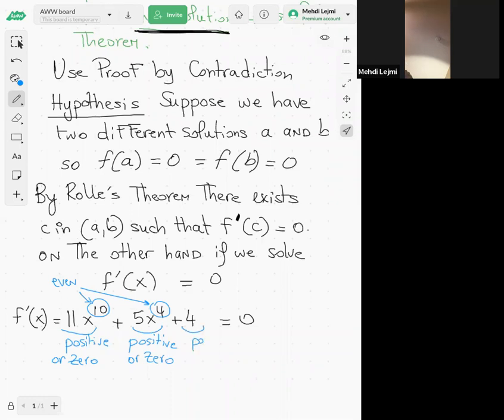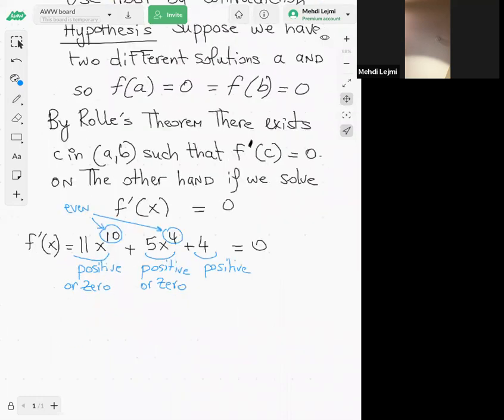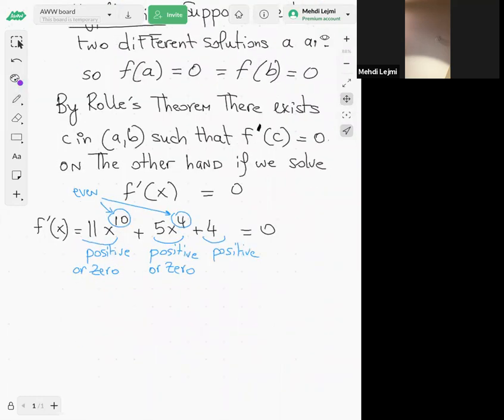So you see, guys, we have a sum of positive numbers, and the sum of positive numbers must be positive. You have positive or zero, plus positive or zero, plus positive. So the whole thing must be positive. It cannot be zero. So f prime of x cannot be zero.